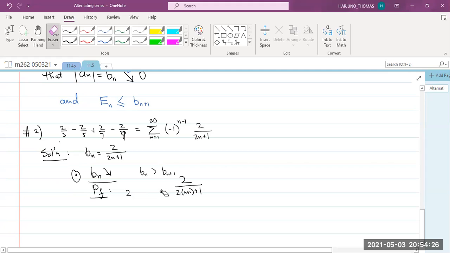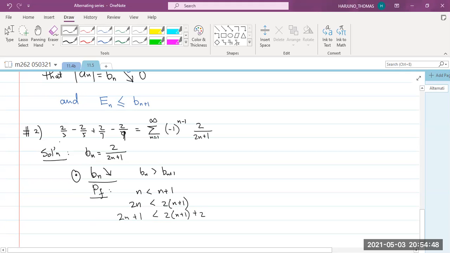How do you show that? Well, we start from, of course, n plus 1 is greater than n. If you multiply both sides by 2, the inequality is maintained. If you add 1, the inequality is still maintained.